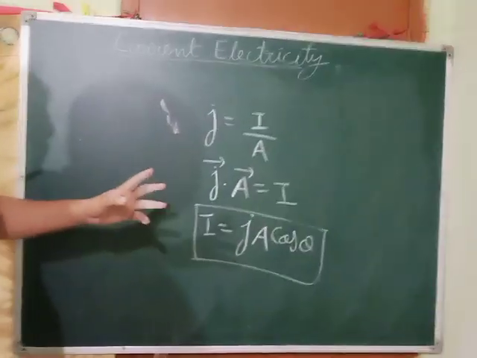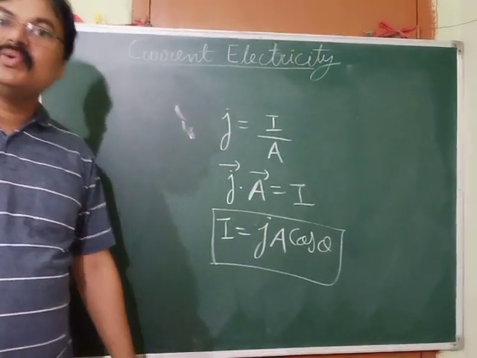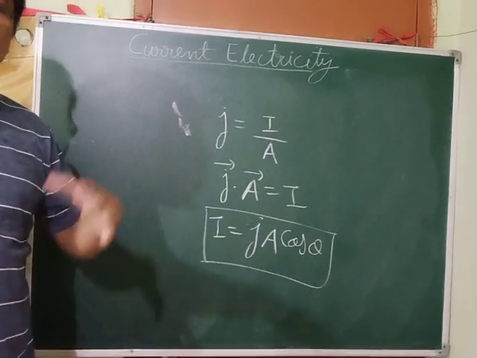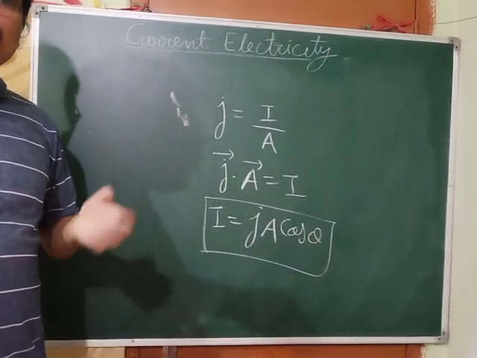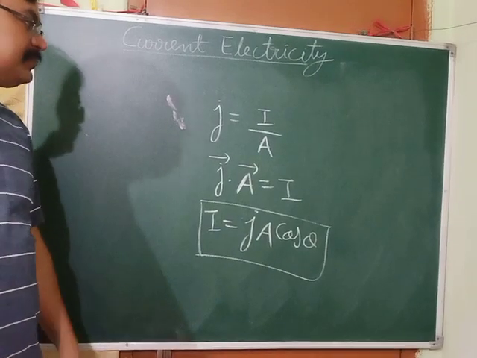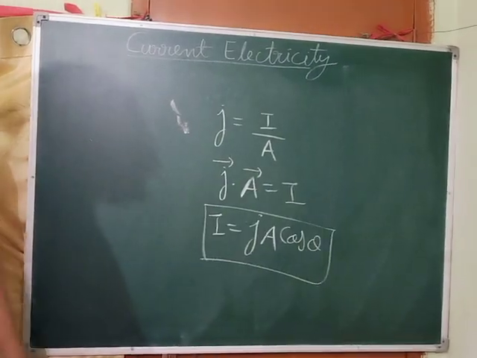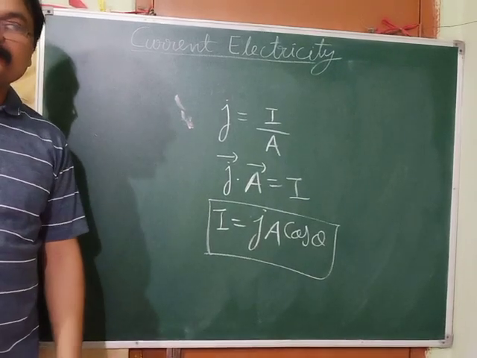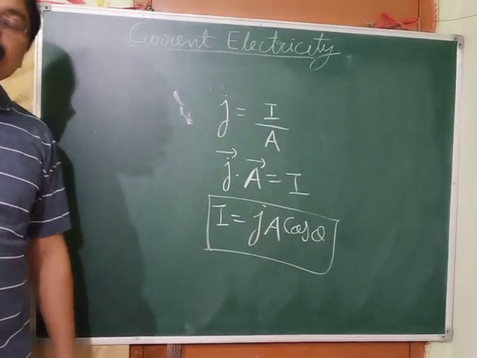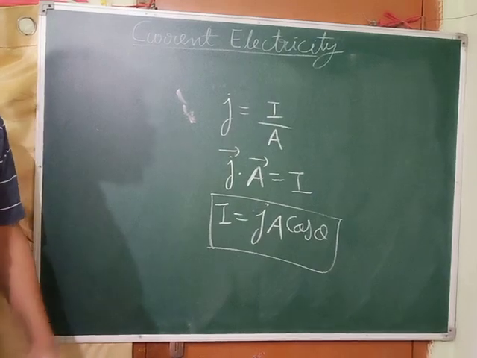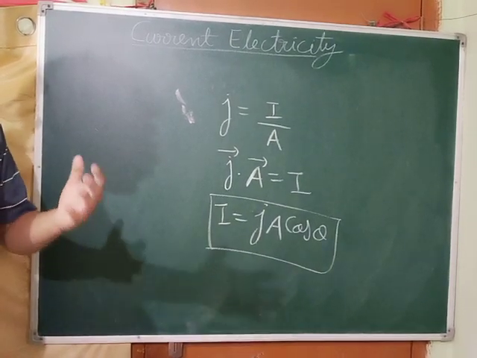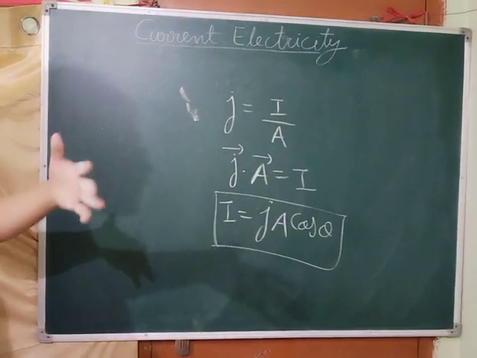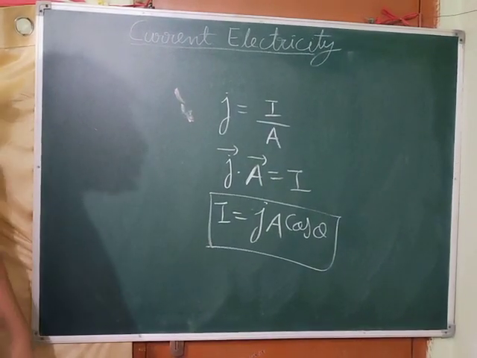See, actually current I is also known as flux of current density through the surface of the conductor. So start writing. Electric current is the flux of current density through the cross-sectional surface area of the conductor.